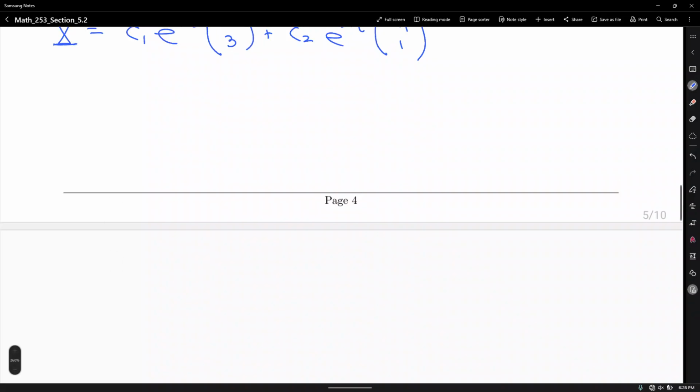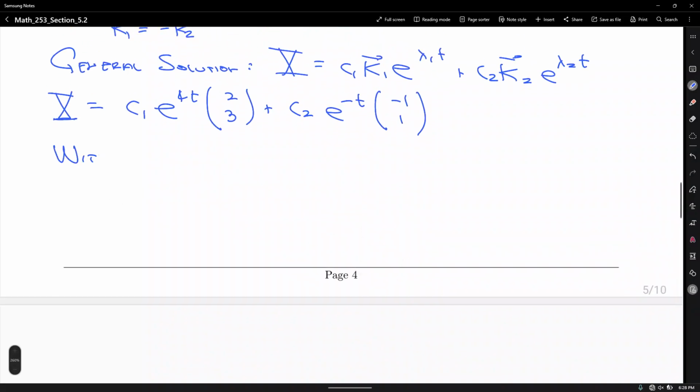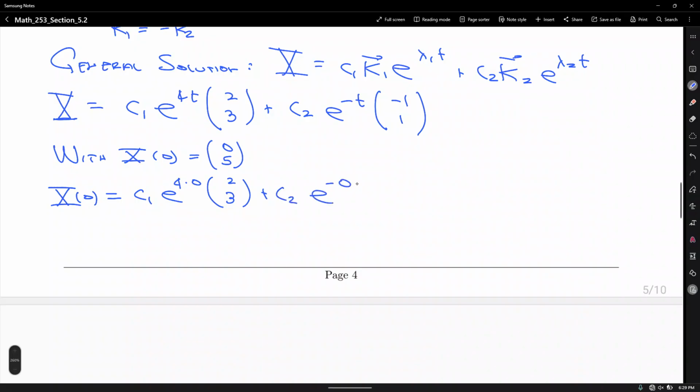So with x of 0 equals 0, 5, x of 0 equals C1 e to the 4 times 0 times 2, 3, plus C2 e to the -0 times -1, 1.